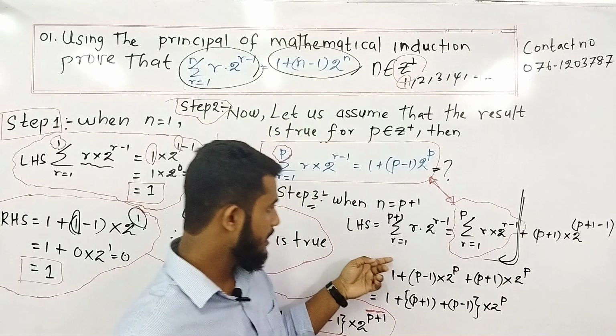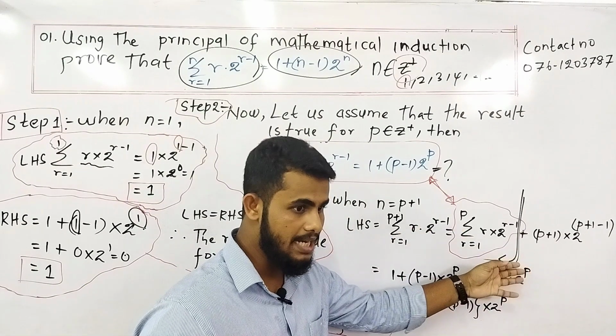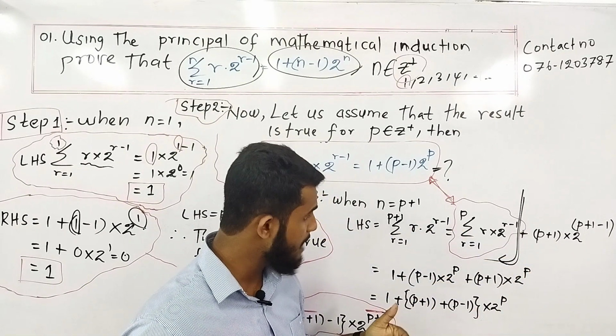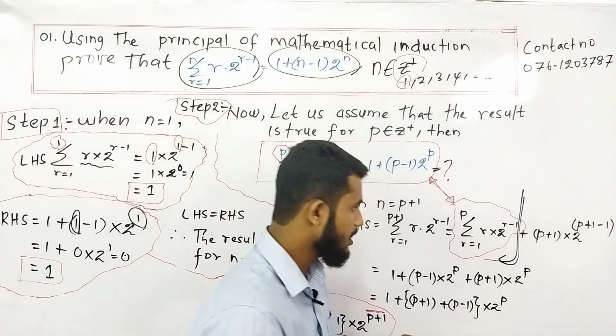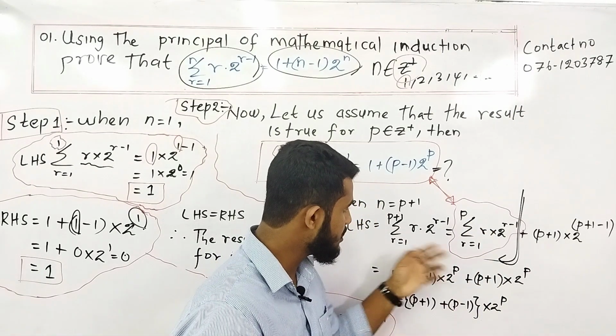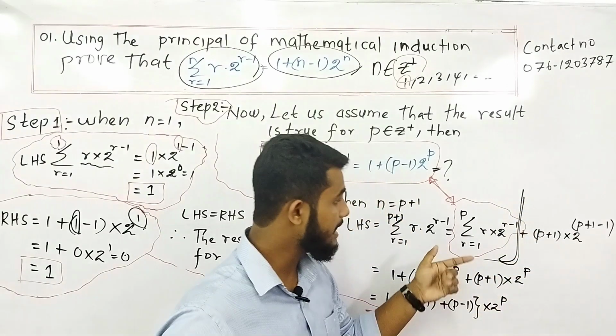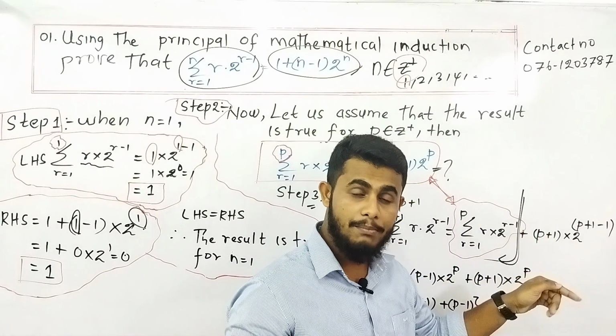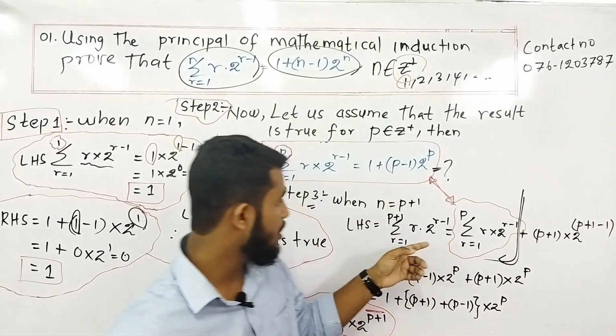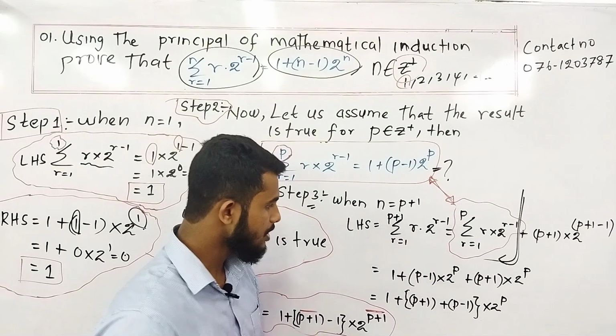I want to make sure these two are the same. So I make the summation up to p, then I put the term p plus 1 instead of the general term.